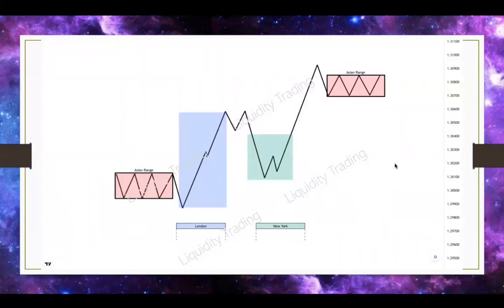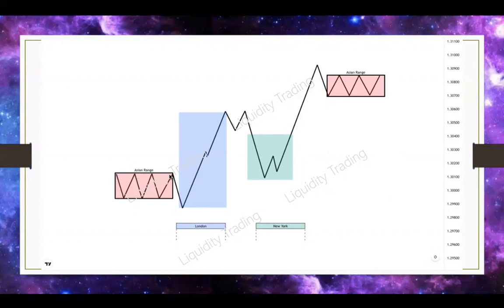I know I did post a few examples of this in my Telegram. However, this is now the actual explanation of how the daily cycle works. Now notice what happens in the market. The market creates first an Asia range. Typically we would like to see a tight Asia range in the market.